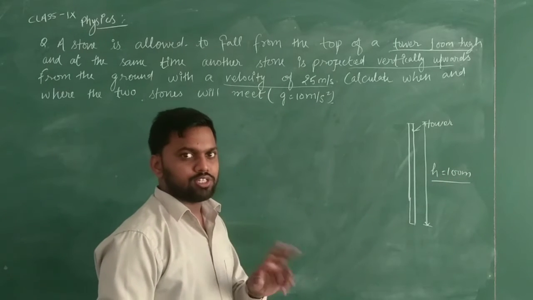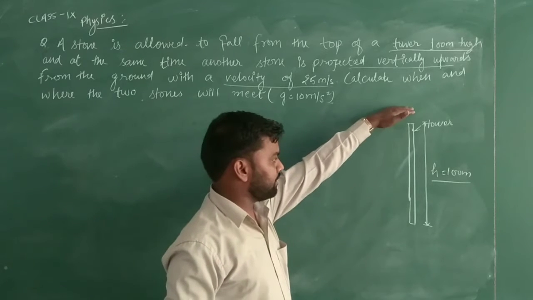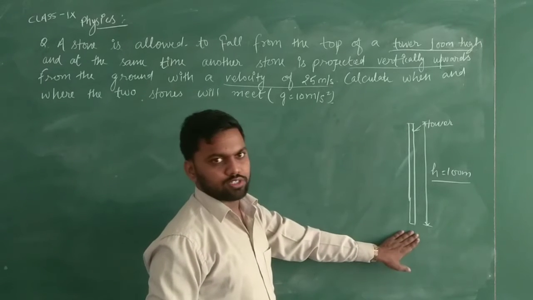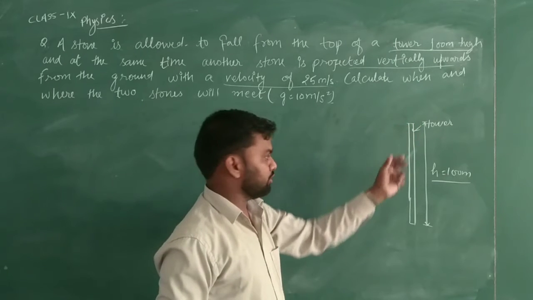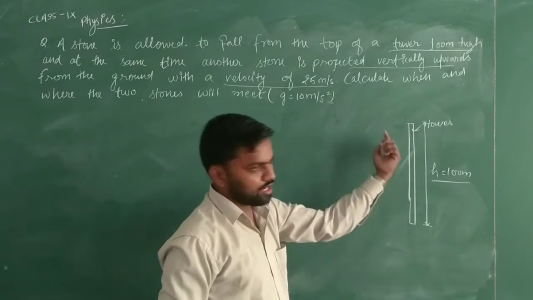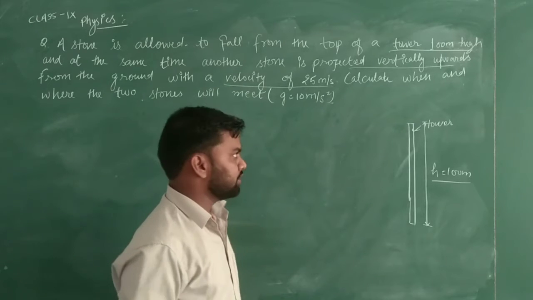We are throwing two stones, one from the upper side and one from the lower side. We will release a stone from the top side and we will throw a stone vertically in the upward direction, both at the same time.